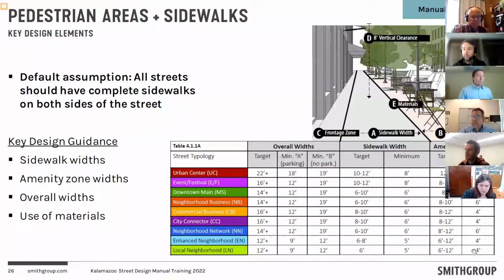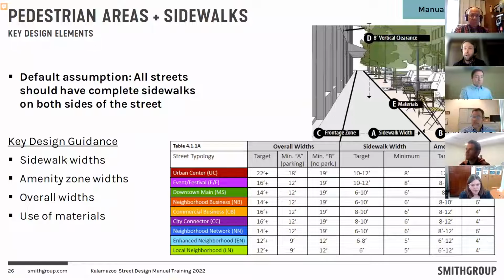It also identifies similarly for the amenity zone some minimum widths. And these are really important from a pedestrian comfort standpoint too. Roads that end up positioning a sidewalk right at the edge of the curb or within just a couple of feet from the edge of a roadway, particularly if there's no parking or other curbside use happening there, walking down a sidewalk with cars going really fast right next to you isn't the most comfortable experience.